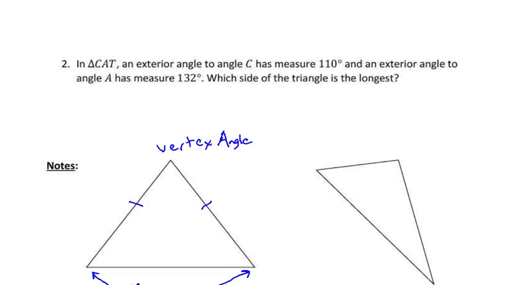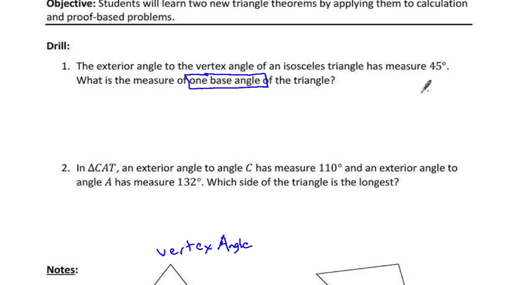So in question number 1, as we're talking about an exterior angle to the vertex angle, that tells me these sides are congruent and this angle is 45 degrees.